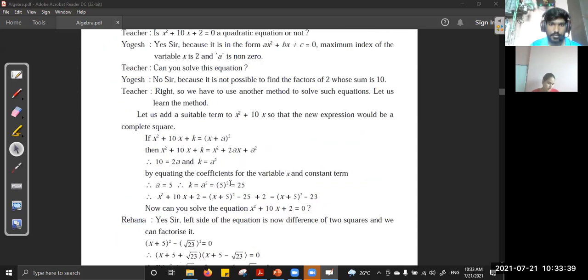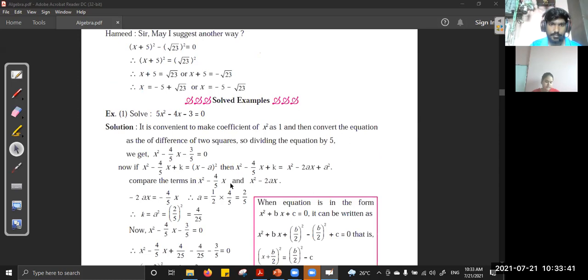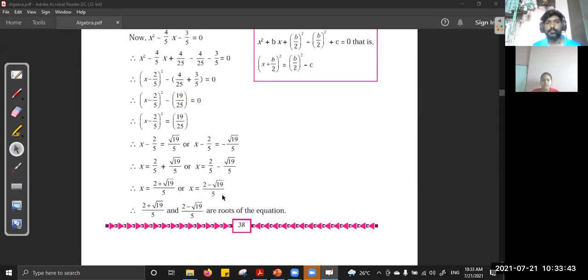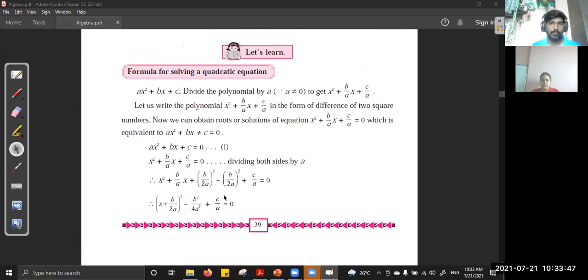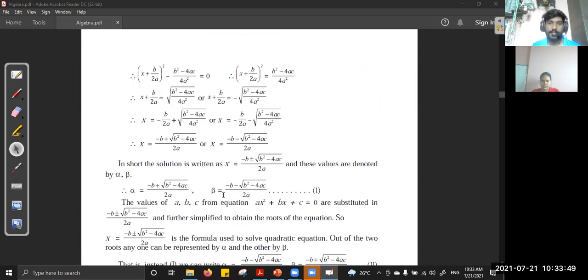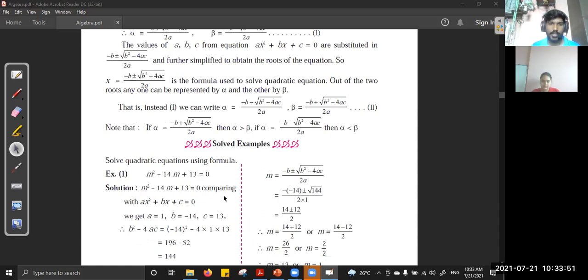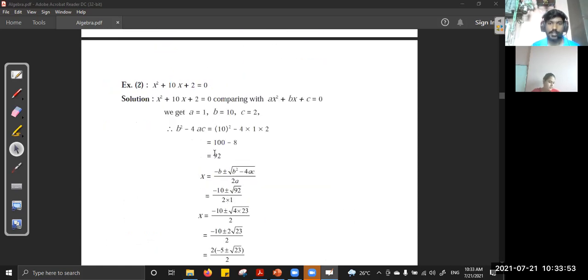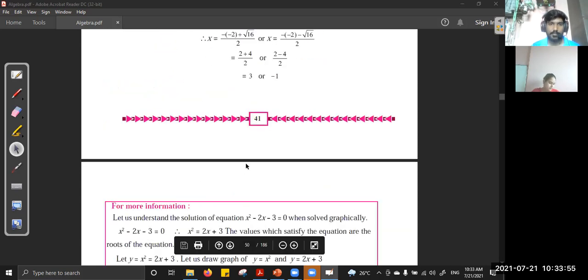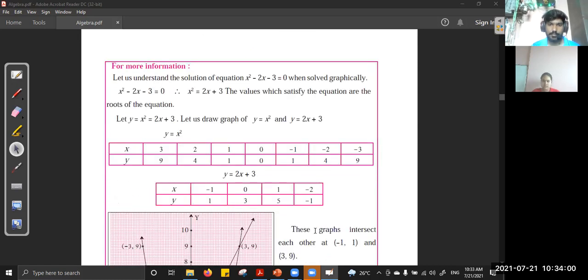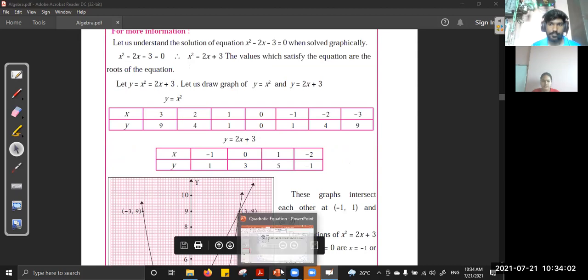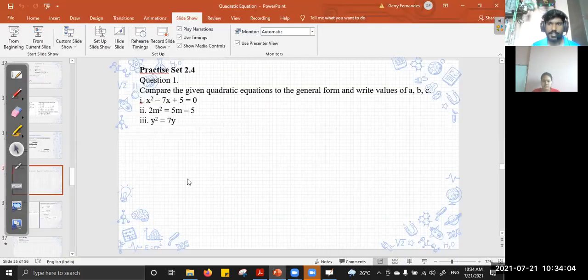Yeah, 44. Nature of roots: real, not real, real and equal. Okay, for that activity, we need to know another concept. So we'll do the concept first and then we'll come back to that activity. Yes, I think it must have been done in your school.